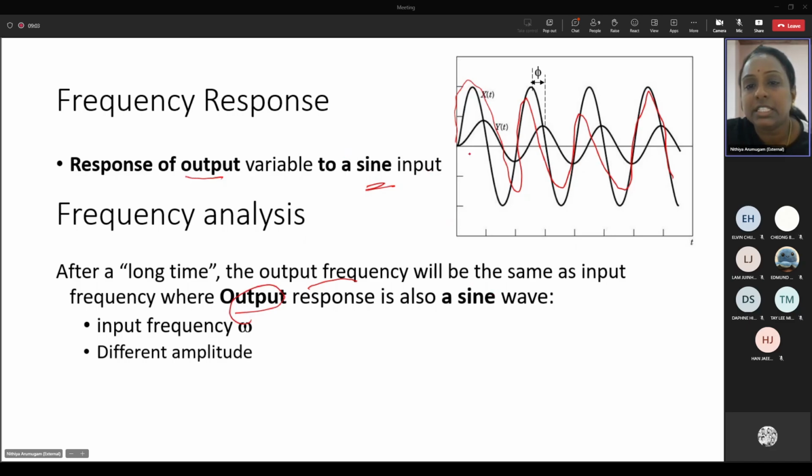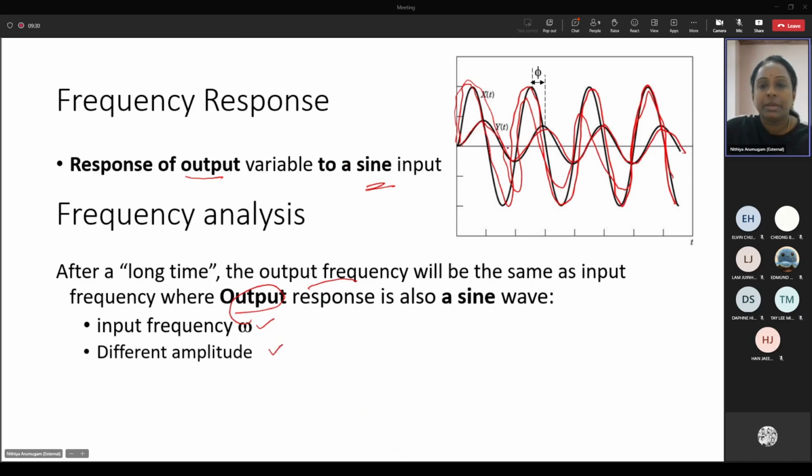So if you notice, the smaller graph is the input graph, and the taller one is the output signal wave from the output system. Okay, so from here we basically can calculate what the frequency is and what the amplitude is.